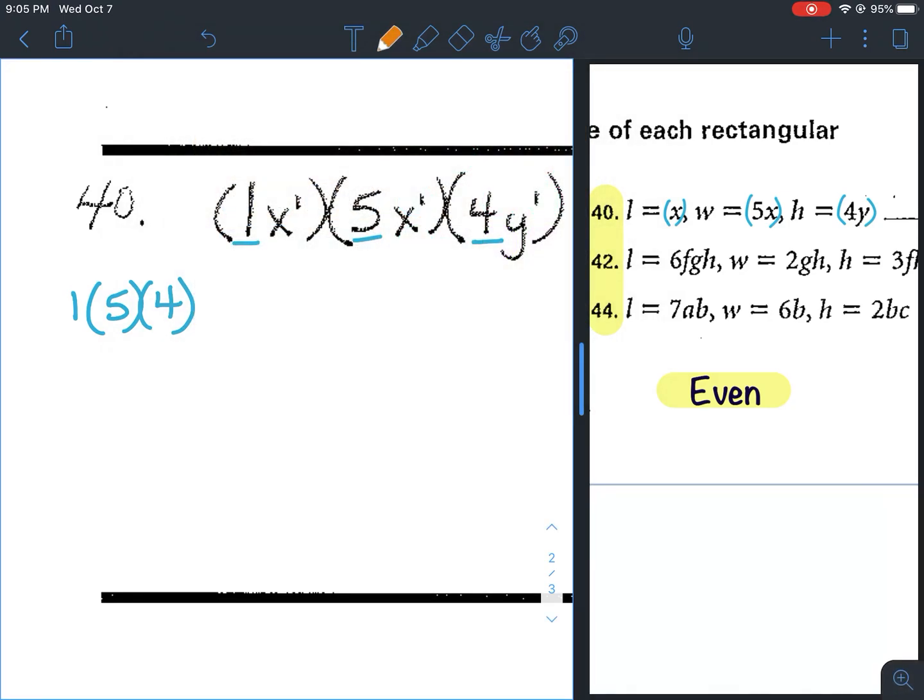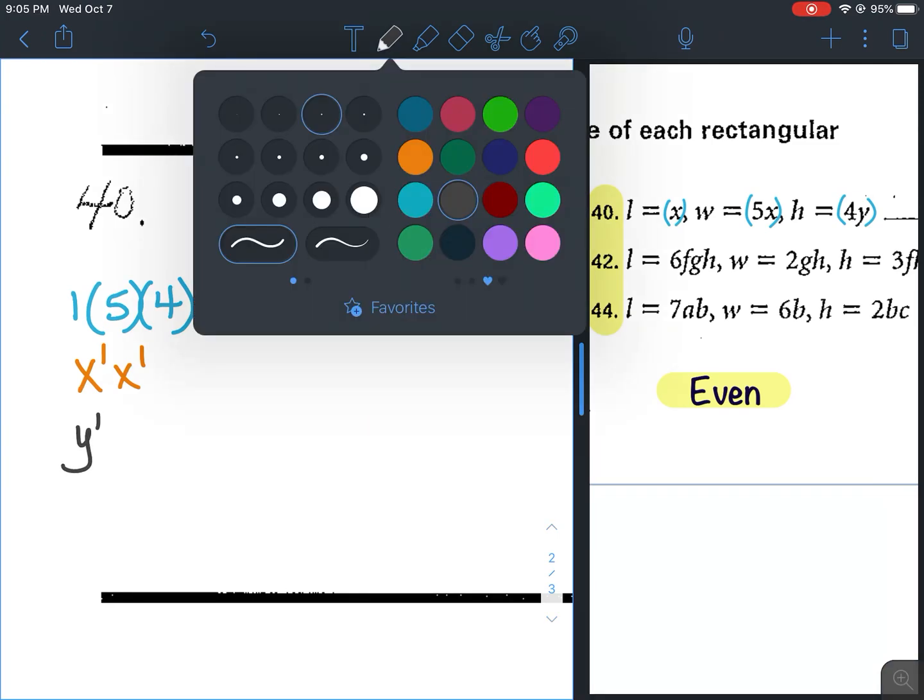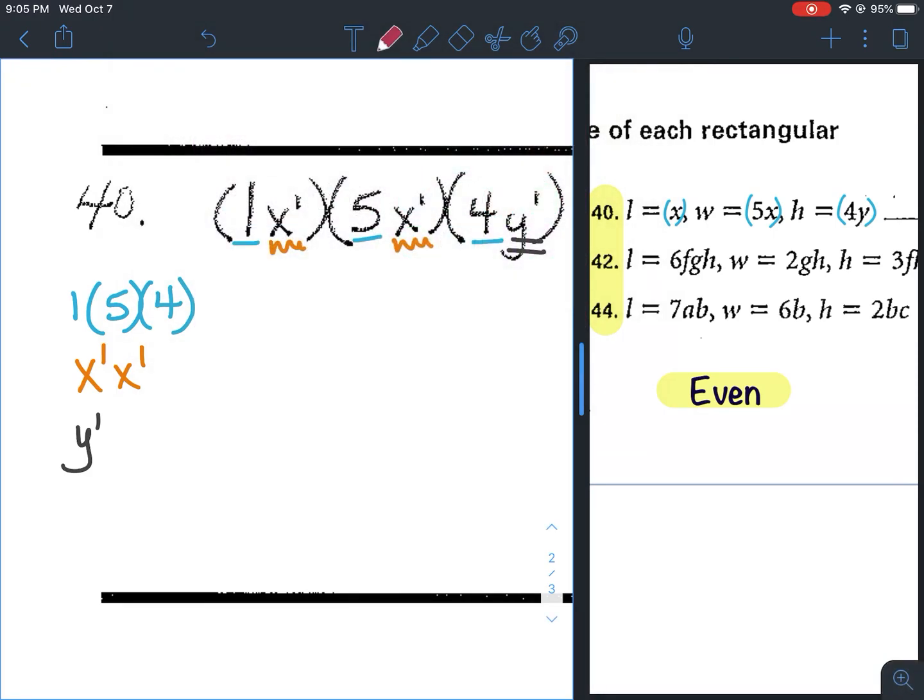I have an x to the first and x to the first. And then I have a y to the first. I've grouped everything together. Now it's time to find my answer. 1 times 5 is 5. 5 times 4 is 20.